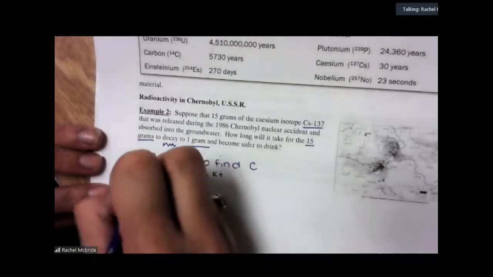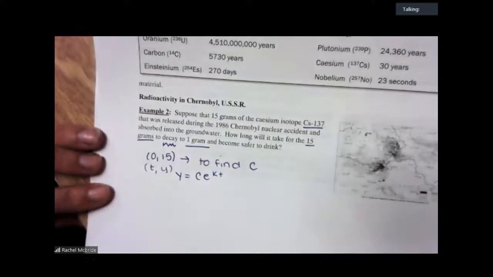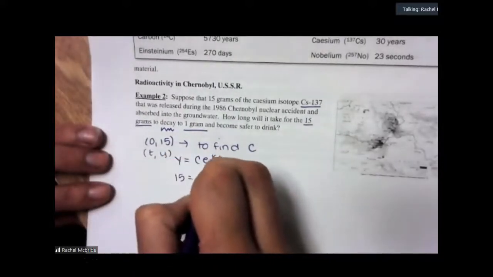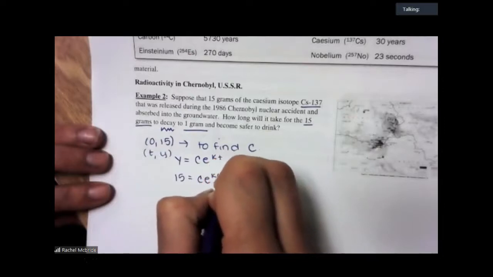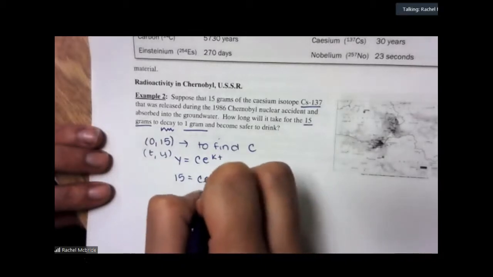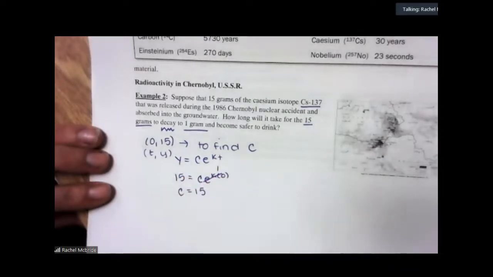So this is like my t and my y. So that's 15 equals Ce to the k times 0. Well, anything to the 0 power is 1. So C is equal to 15.